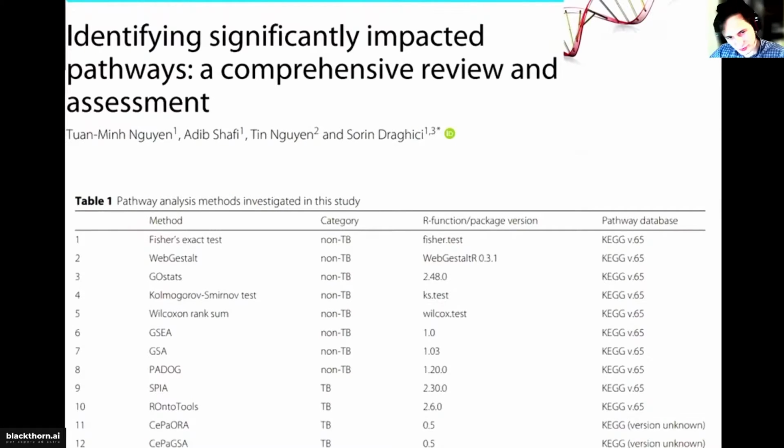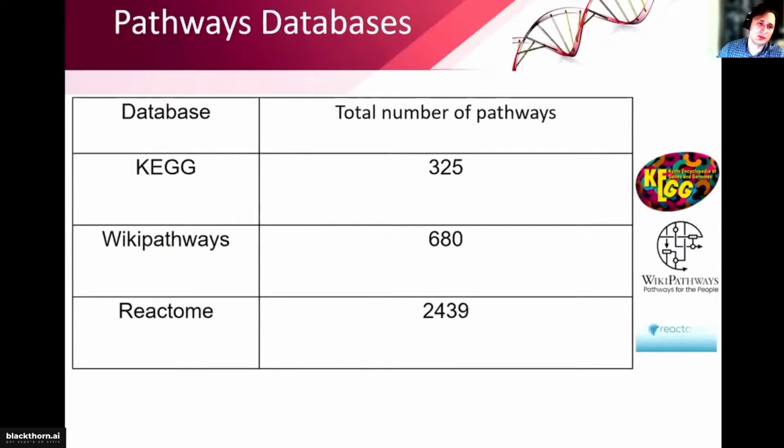Most of the data were analyzed with the KEGG database. Actually, for GSEA the MSigDB database can also be used, which has a lot of gene sets from different sources with different biological meaning.